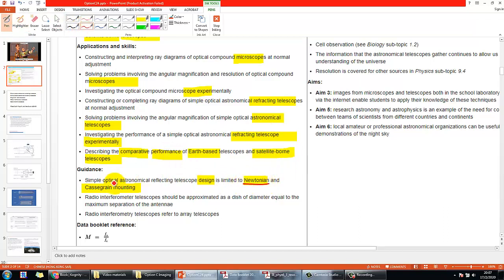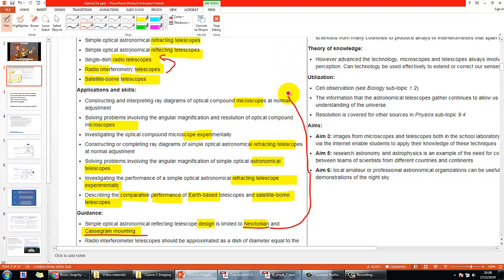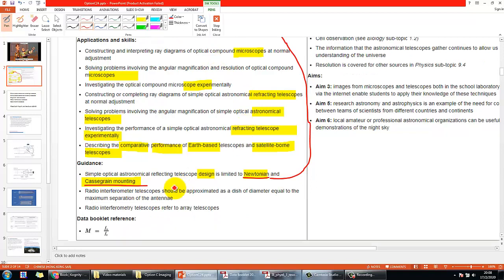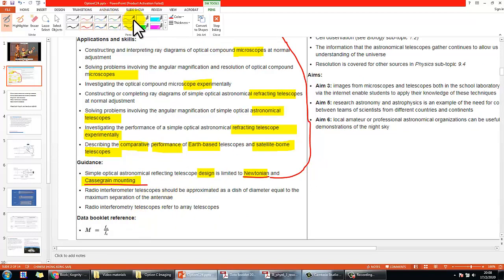These two, Newtonian and Cassegrain, are under the reflecting telescope. That means it is the first kind of telescope we will talk about in this video. For the radio interferometer telescope, it would be something to do with the diameter.